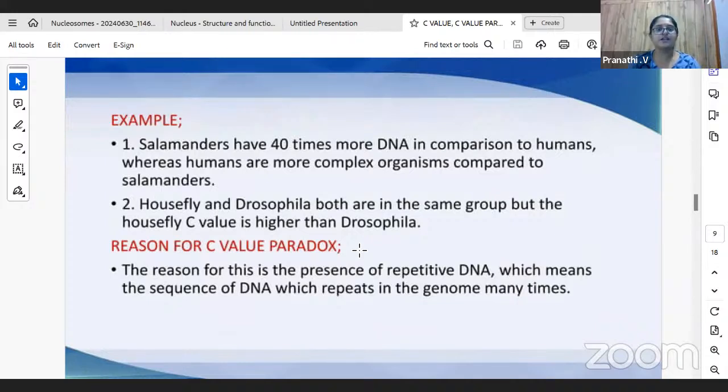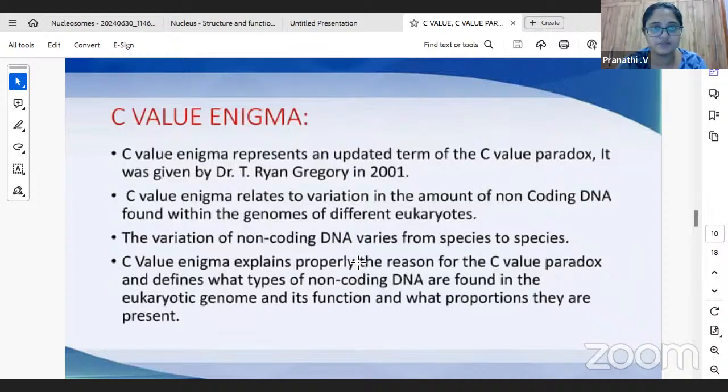Drosophila and housefly are in the same insecta group, but housefly has a higher C value than that of the Drosophila. This is because of the presence of repetitive DNA. The sequence of the DNA that repeats more number of times, satellite DNA, is the cause of the C value paradox. Now, we have something called the C-value enigma, which was the term given by Dr. T. Ryan in 2001.